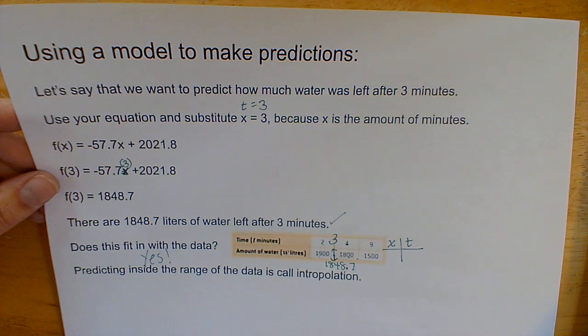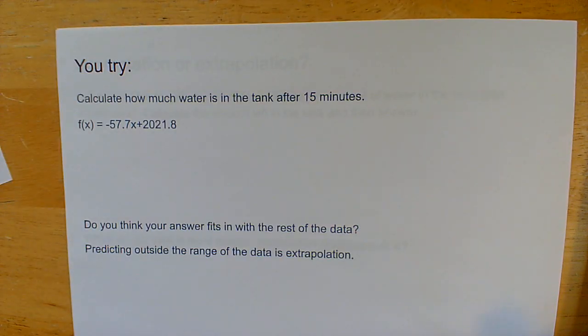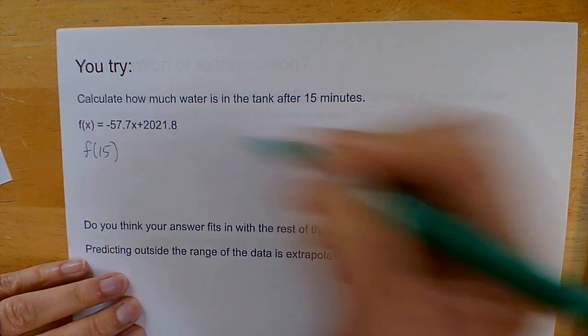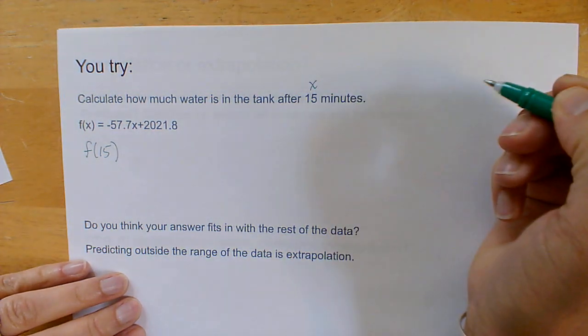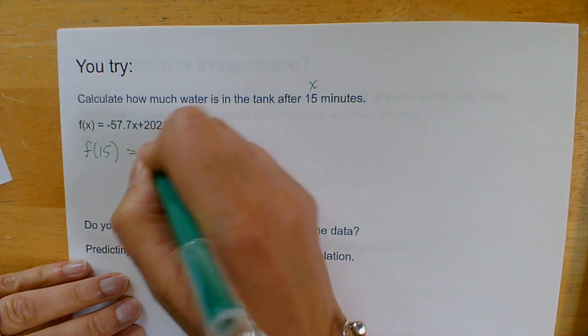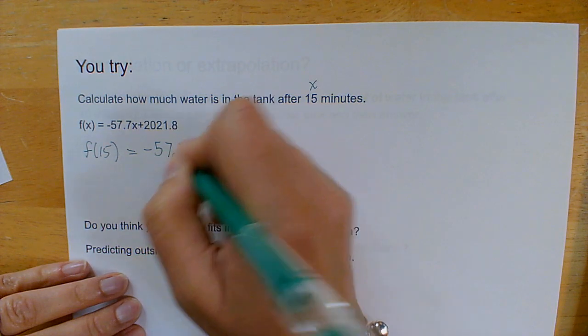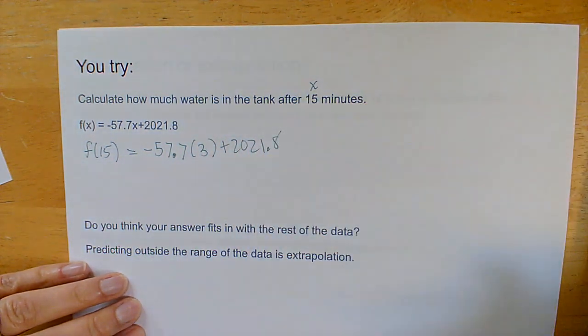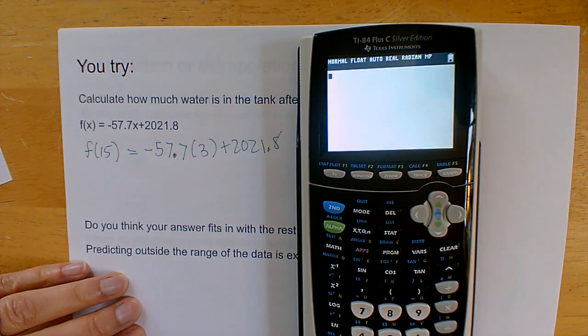Interpolation. Try to say that 3 times. Okay, now let's try. Calculate how much water is in the tank after 15 minutes. So let's do f of 15 because I want to replace my x with 15 because that's the minutes. Negative 57.7 times 15 plus 2021.8.